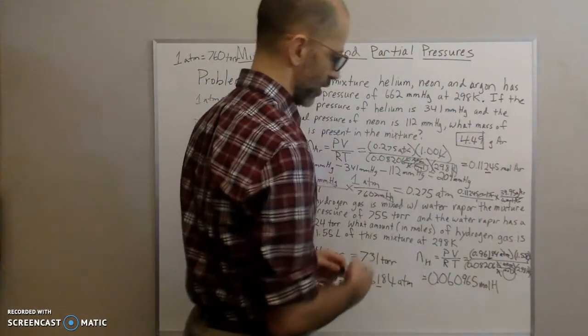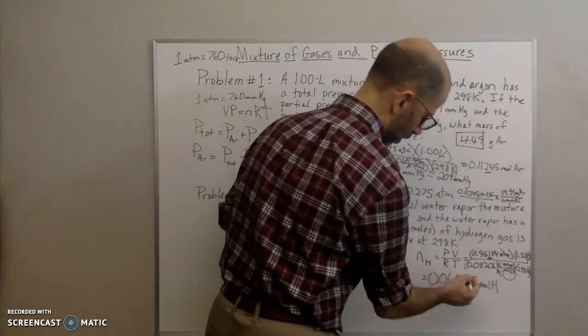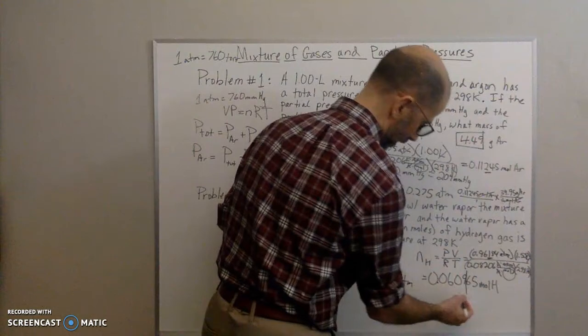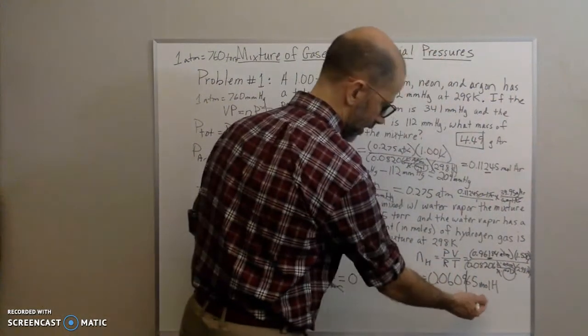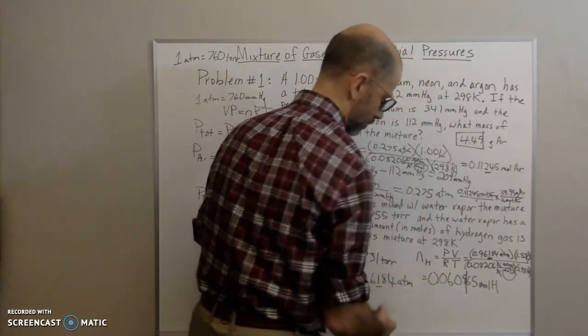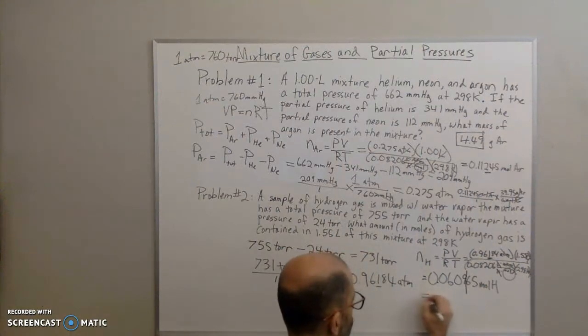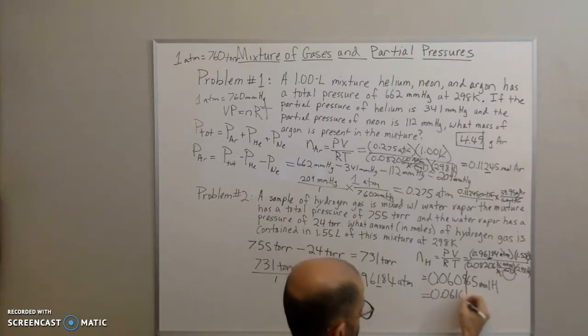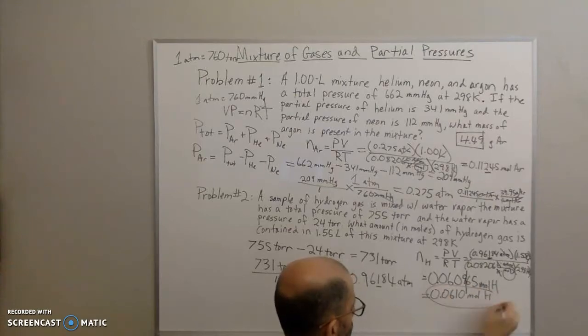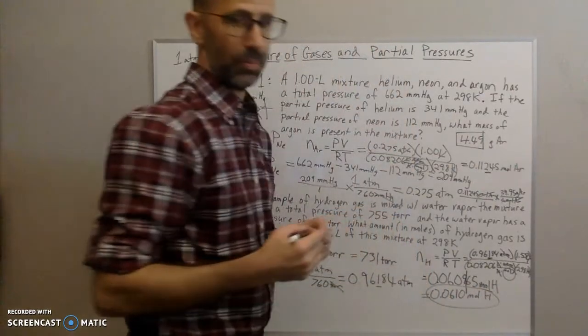So the least number is 3. So I'm going to have to cut it off at the 9. So 0.0609. I have a 6 here, so that means the 9 is going to go up to a 10. So my final answer is 0.0610 moles of hydrogen.